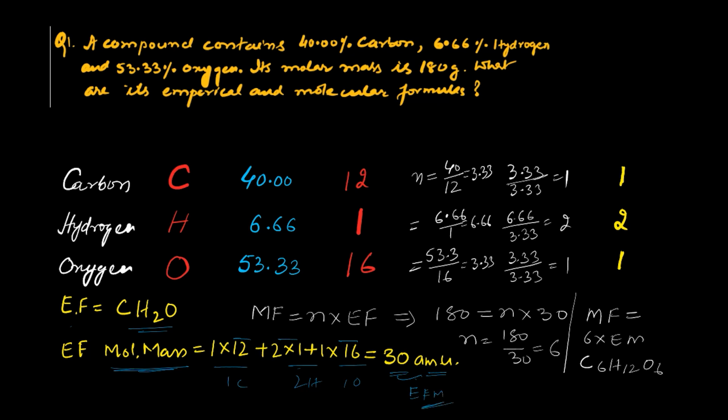And from here, we will calculate the N by dividing the molar mass of the compound, which is given. And after that, we got molecular formula equal to 6 into empirical formula, and this is our final molecular formula. Because N is 6, and we have to multiply this formula by 6. So finally, we got this answer.